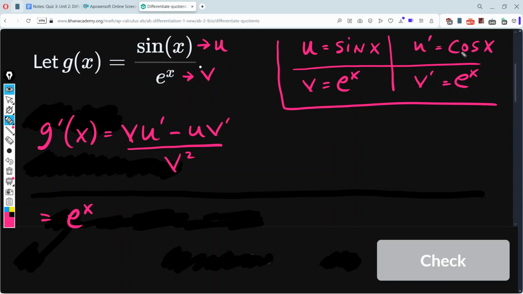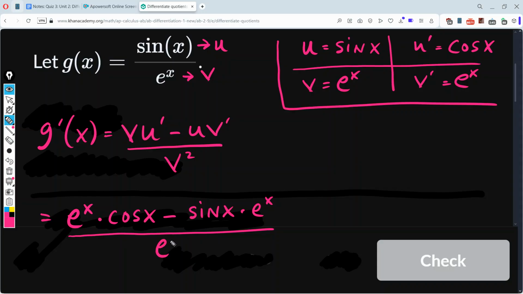U prime is cosine of x. Minus u is sine of x. V prime is e to the x. And that is all divided by v squared, so that's going to be e to the x squared.